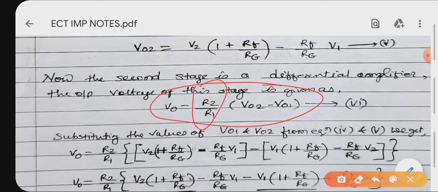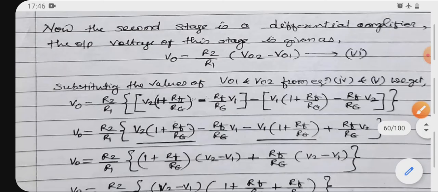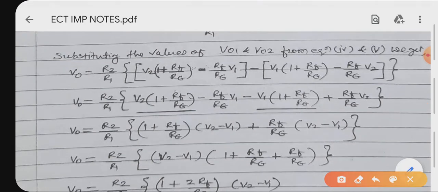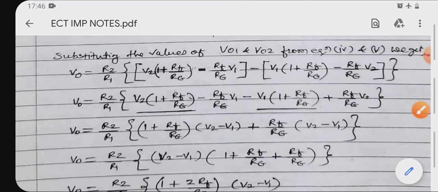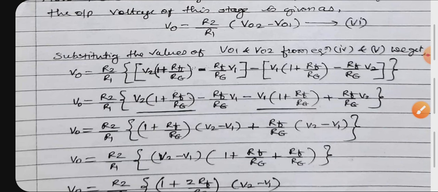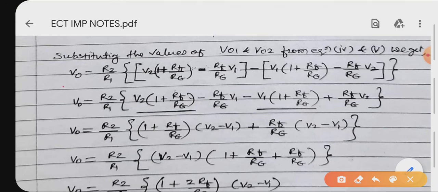So let us put the values of VO2 and VO1 from the previous equations into the final equation of VO.